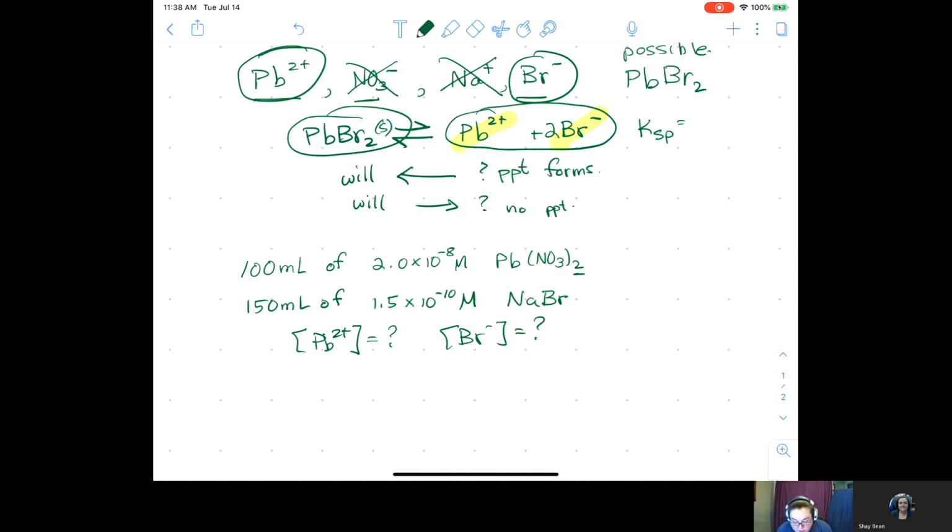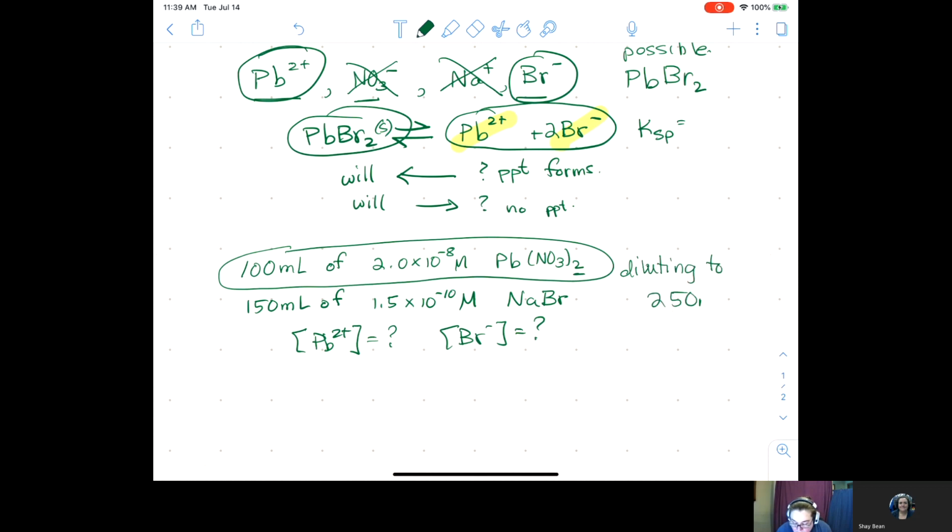M1V1 equals M2V2. I am taking 100 milliliters of 2 times 10 to the minus 8 molarity lead(II) nitrate, and I am diluting to 250 milliliters. We saw some similar types of calculations in the last module. So M1V1 equals M2V2.